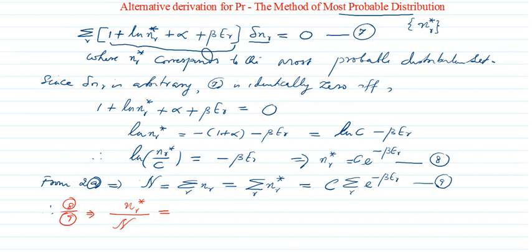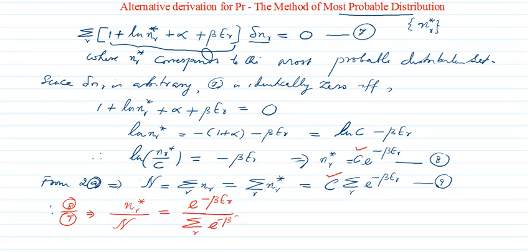So nr star by N, what will you be getting? Of course c and c will be getting cancelled. Can you see that? The c here and the c here will be cancelled, because that's not of any use here. So what you will be getting is e raised to minus beta er from equation number 8, divided by the denominator, the sum over r, meaning the sum over all states, of e raised to minus beta er.